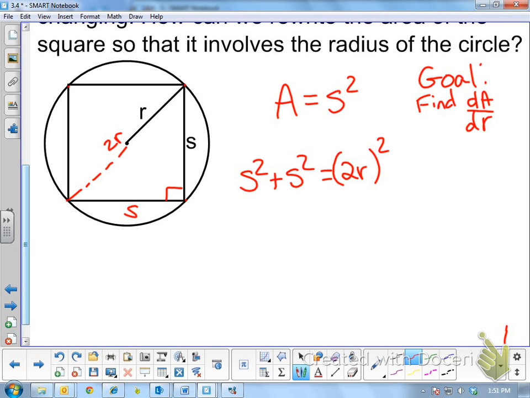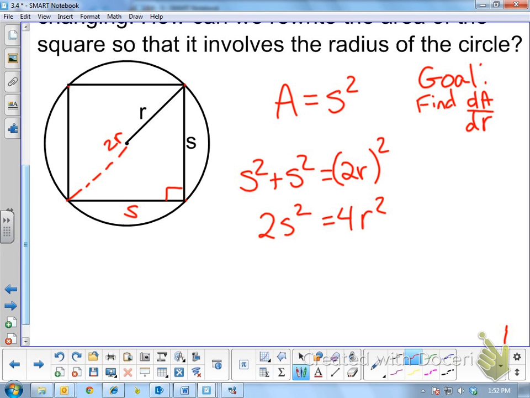So now I need to do a little simplifying. Since it's a square, s squared plus s squared, I can write as 2s squared. (2r) squared, we have to square both. 2 squared is 4, r squared is r squared.